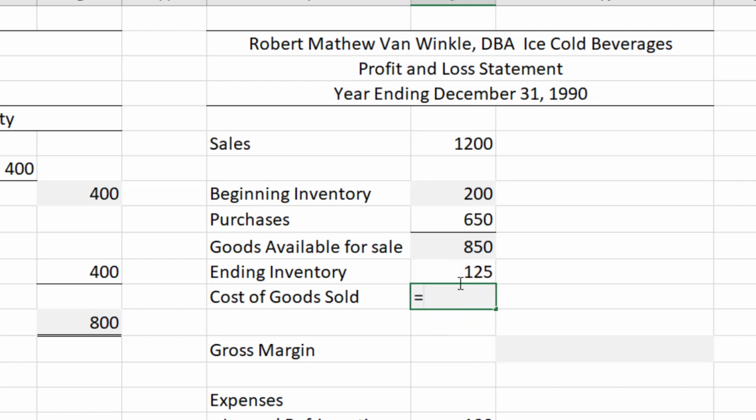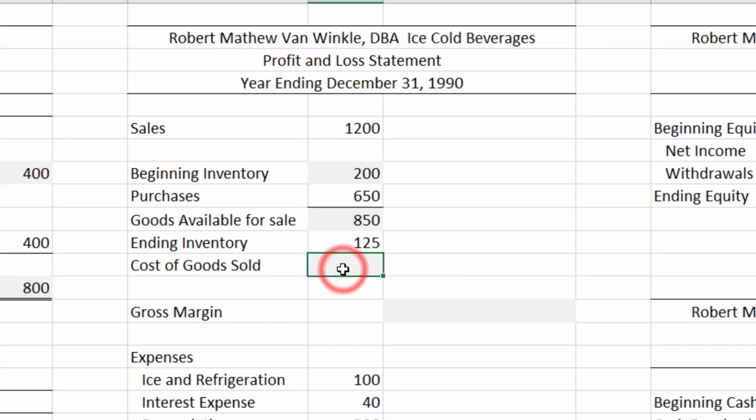That's going to be equal to the goods available for sale, $850 in cell J10, minus the $125 ending inventory in cell J11. So we sold $725 worth of stuff, or rather we spent $725 on the things that we sold.